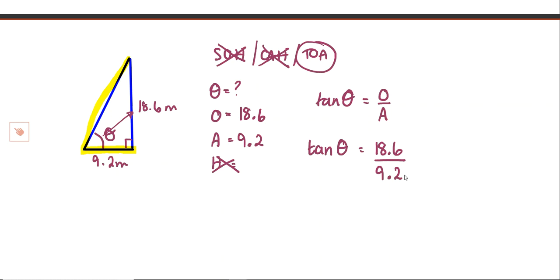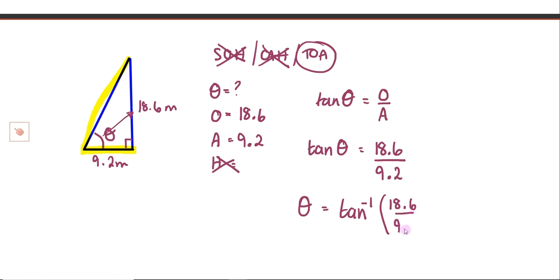Okay, so what we do, this ratio goes with this angle. So what I need to do is say that the angle is equal to, well, if tan of the angle is that, then the angle is equal to what we call the inverse tangent of the ratio.